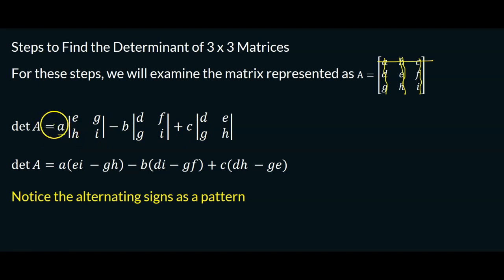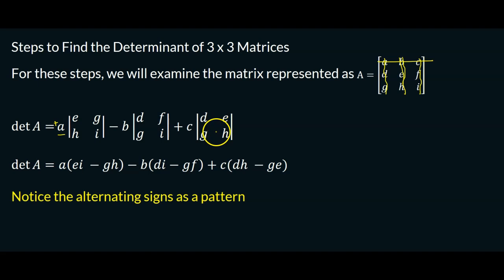So you can see here, this is positive, this is negative, and then this is positive. And then you're going to find the determinant of the 2 by 2 matrices. If you're not sure how to find the determinant, there's going to be a video lesson to show you how to find the determinant of 2 by 2 matrices.